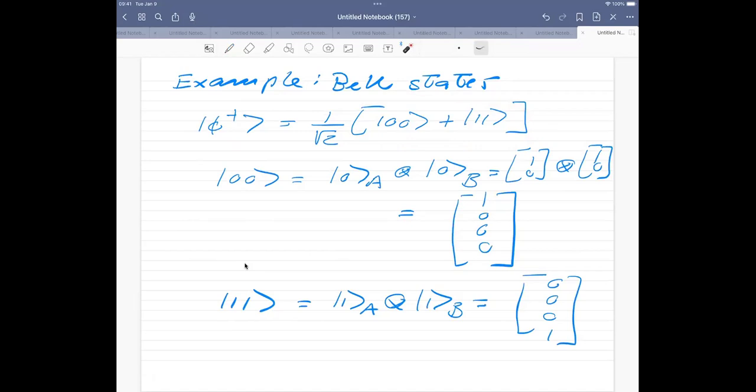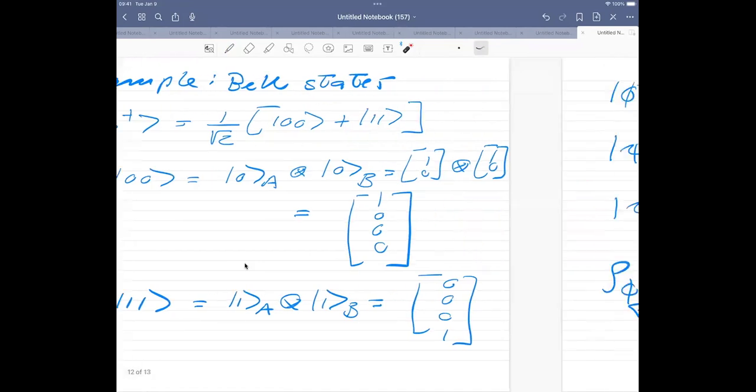So we know what it looks like. We know that the qubit in A is in state 0, and here it's also state 0 in system B. So we would say that the state is well known, and then we normally call it a pure state.